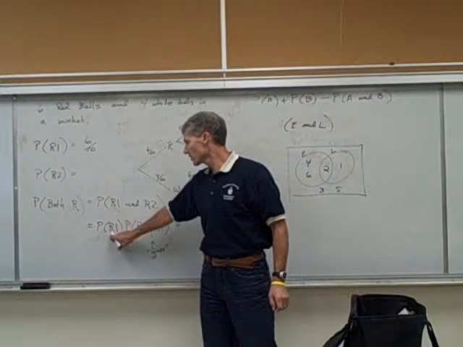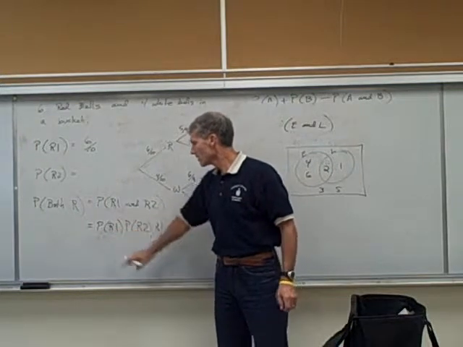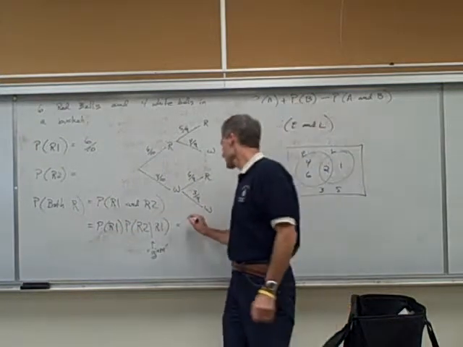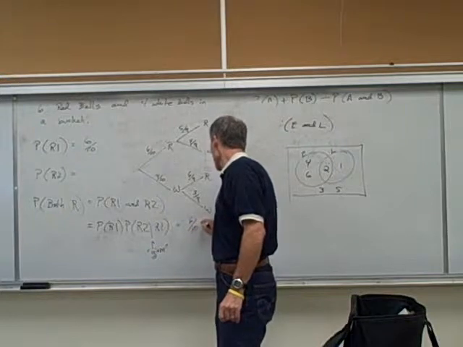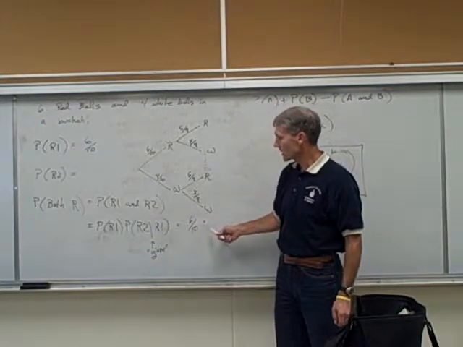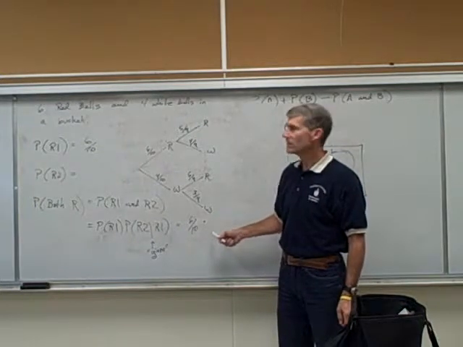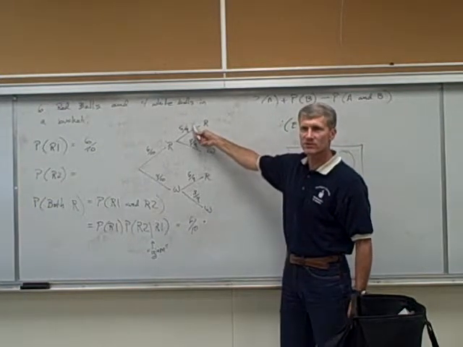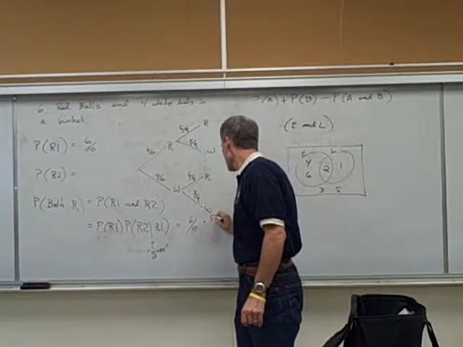And what is the probability of red on the first draw? 6 out of 10. What's the probability of red on the second draw given red on the first draw? 5/9, and that's up here on this branch of this tree. So that's 5 times 9.